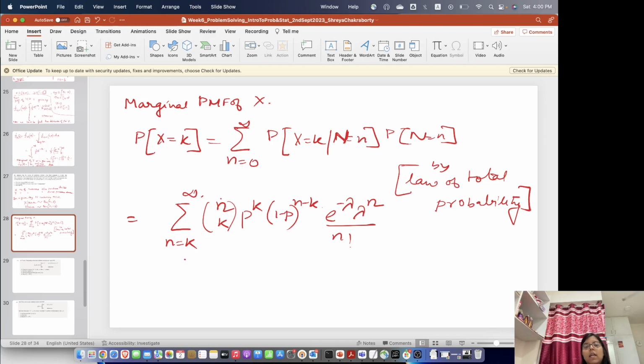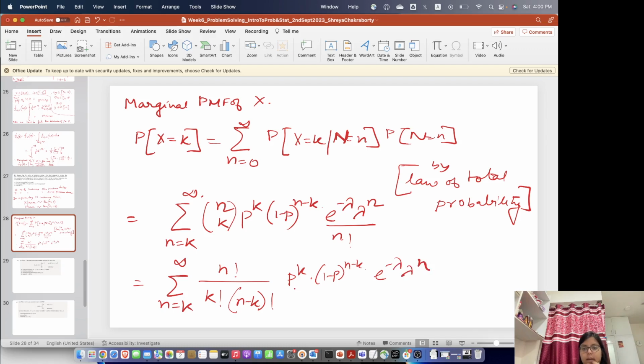Now if we break it up, this nCk we can write as n factorial by k factorial, n minus k factorial, p to the power k, 1 minus p to the power n minus k, e to the power minus lambda, lambda to the power n by n factorial. N factorial we are cancelling out.